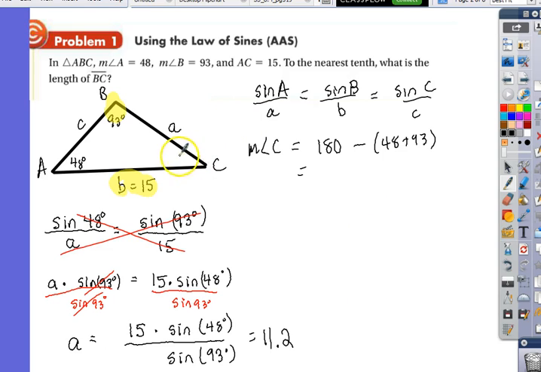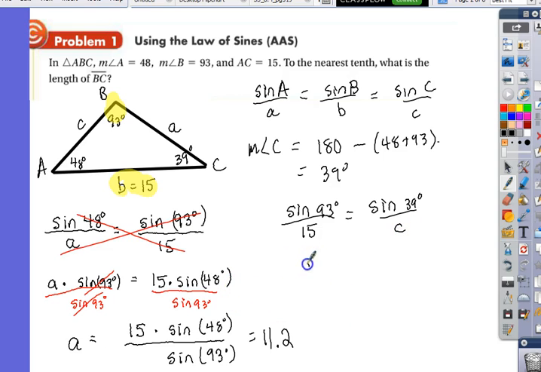And so now that I know that angle C is 39 degrees, can't I do sine of 93 over 15 is equal to sine of 39 over C?